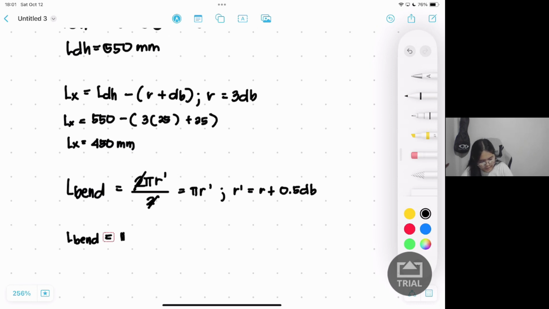We have pi times radius na 3 dB plus 0.5 ni dB.